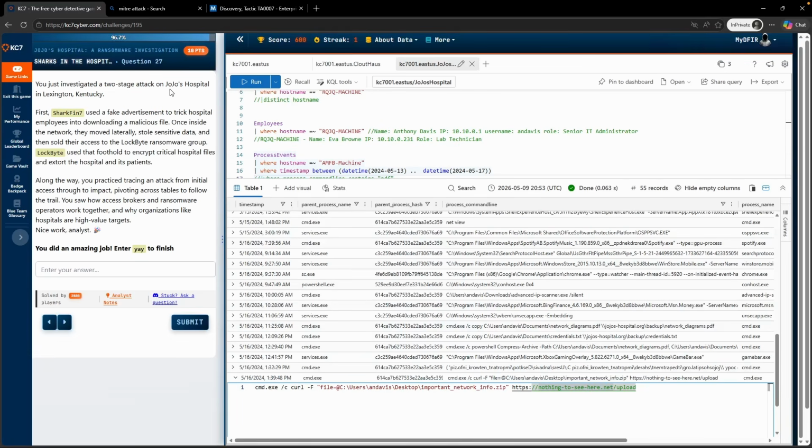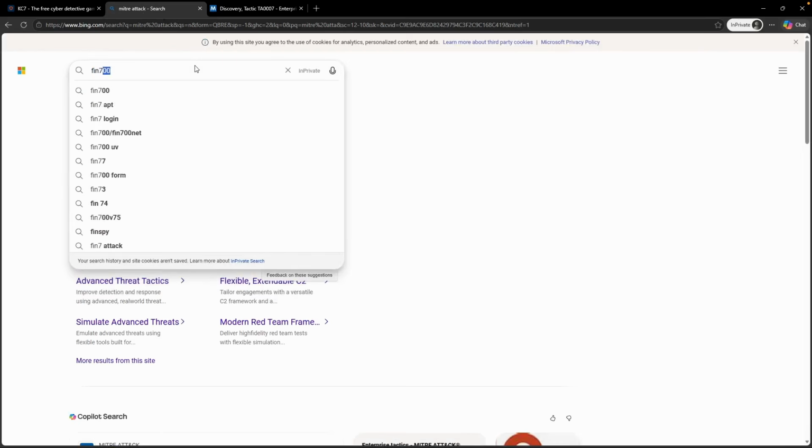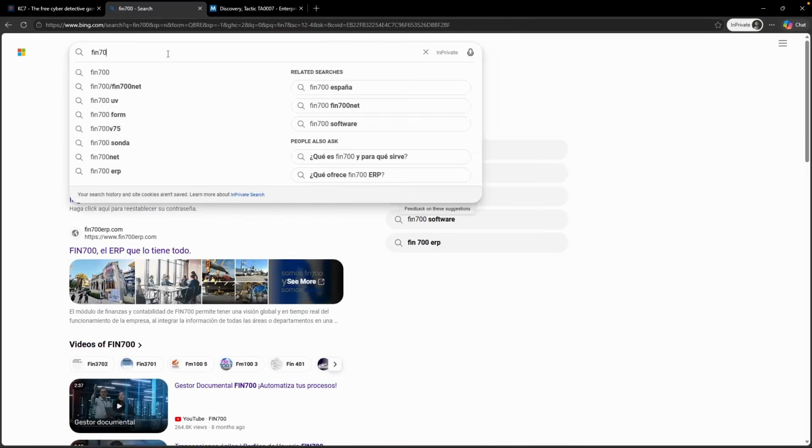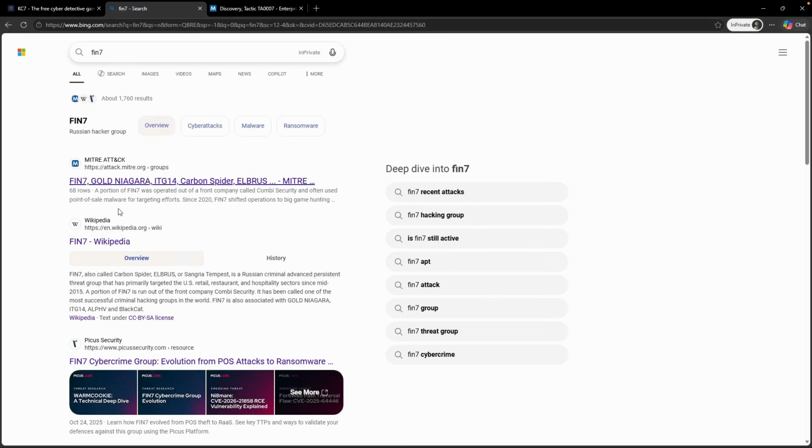And finally, question number 27. You just investigated a 2-stage attack on JoJo's hospital in Lexington, Kentucky. First, SharkFin7 used a fake advertisement to trick the hospital employees into downloading a malicious file. By the way, this is a play on the actual threat group called Fin7. So if I type that in, Fin7, whoops, not Fin700. There you go.